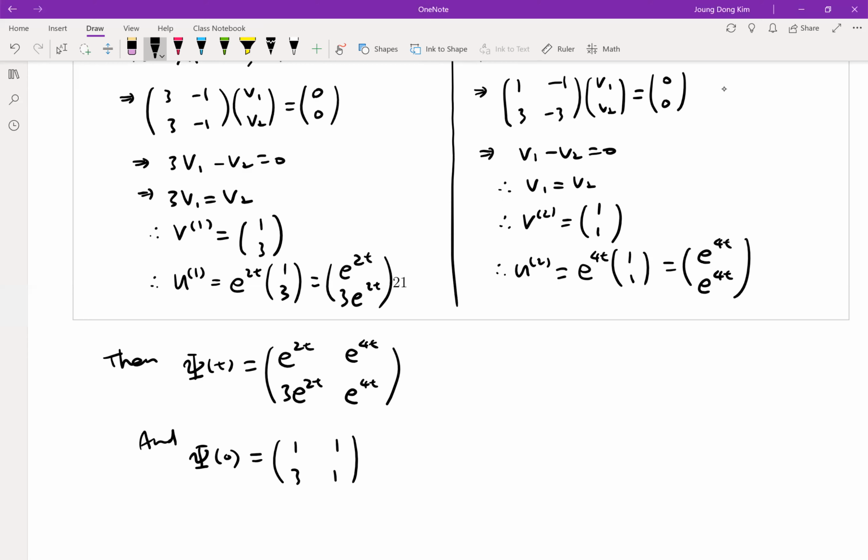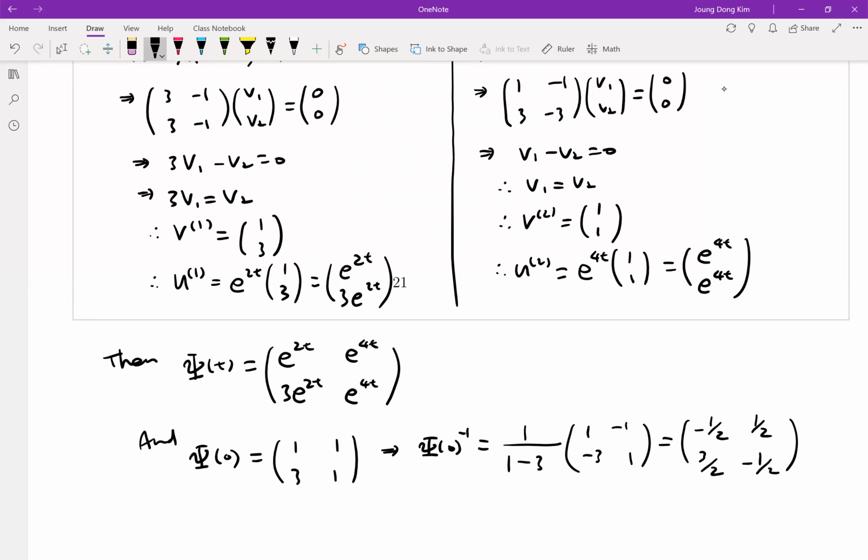Then we need the inverse of this, which is 1 over the determinant and switch and opposite, equal to [negative 1/2, 1/2; 3/2, negative 1/2]. Are you with me so far? Now we need to find the fundamental matrix for the initial value problem, which is Φ.